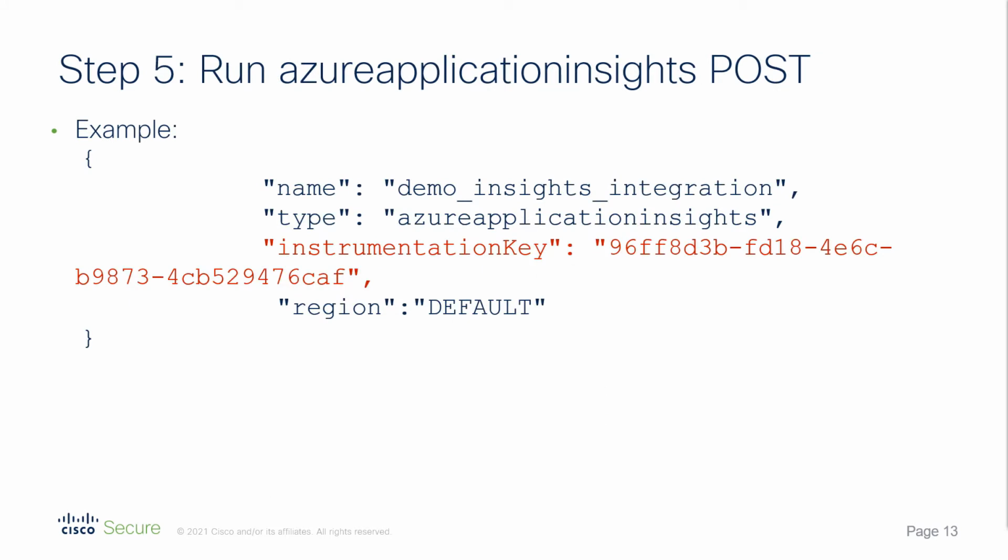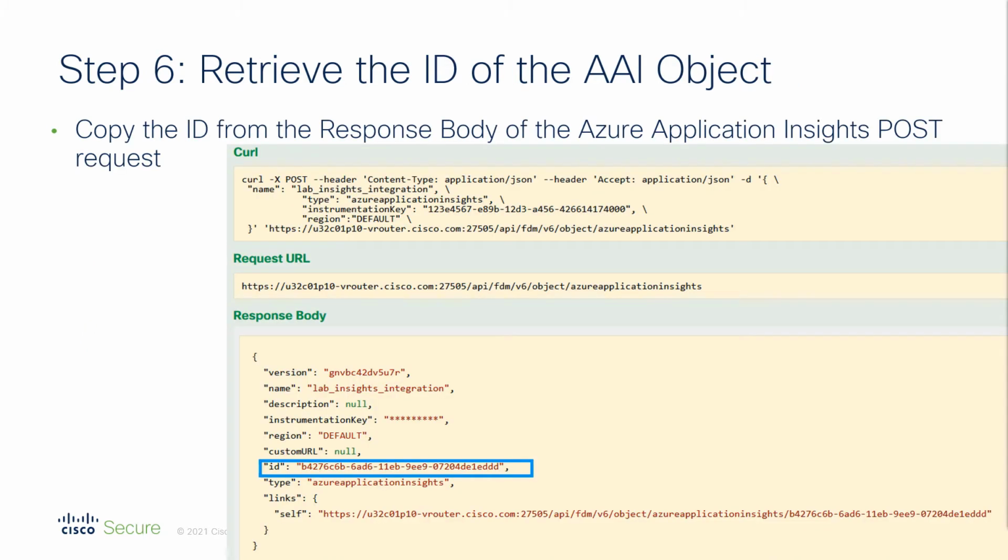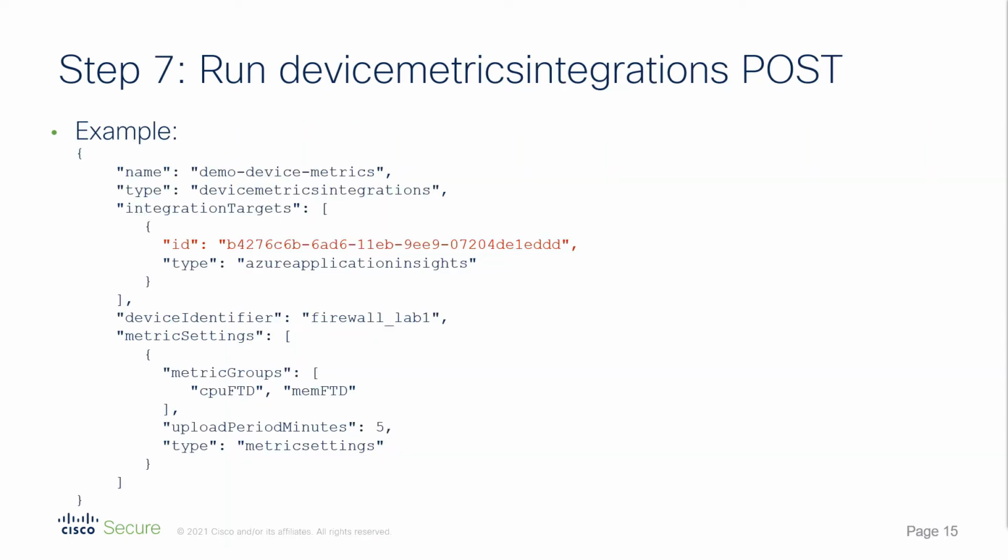The first API call is used to tell the firewall the instrumentation key so it is capable of communicating with Azure Application Insights. Once you make that call, you look at the response body, and from it you get the ID of that object. You use that ID in the more complicated Device Metrics Integration API call.